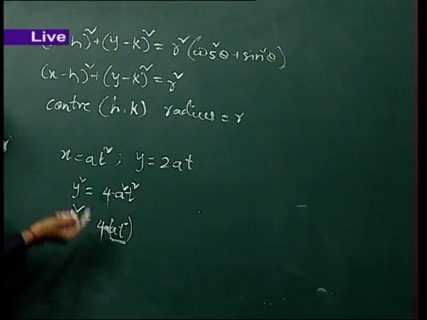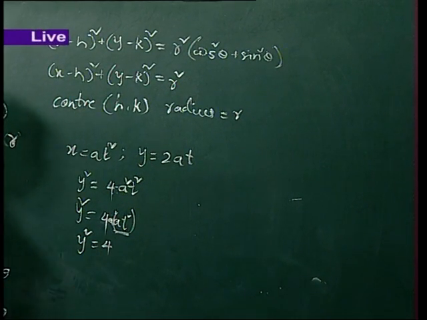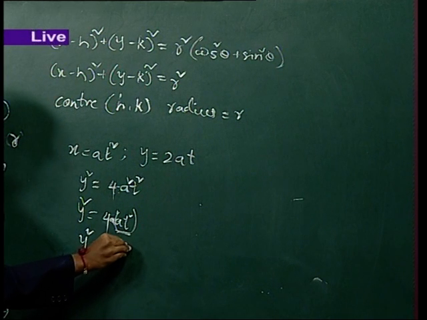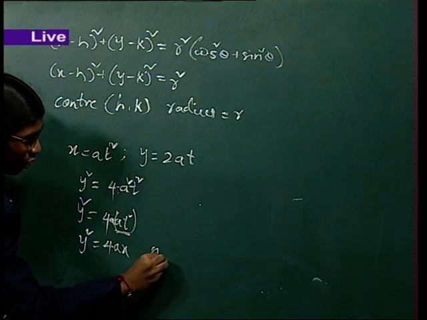Instead of at square we have to write the x value. So, y square is equal to 4ax. Friends, it is the standard form for a parabola.